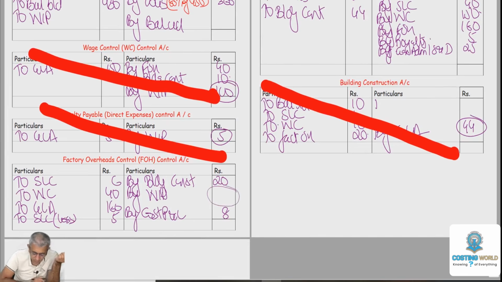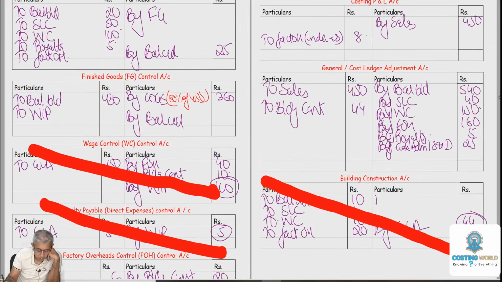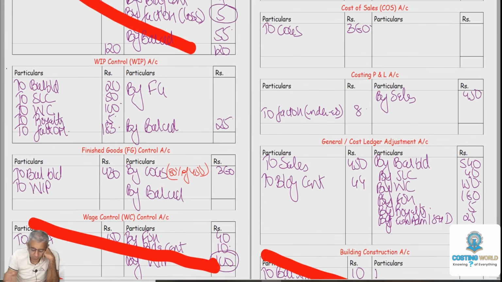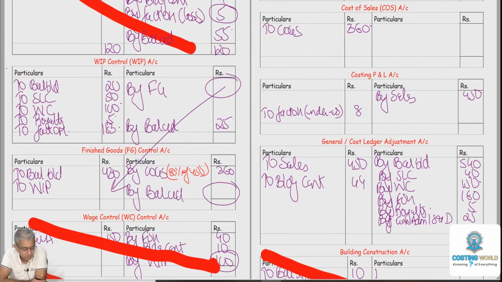So get that balancing figure. 183. Can we say now in WIP account everything that had to come has come? Yes. Get your finished goods as a balancing figure, transfer that over here, and get your closing stock of finished goods also as a balancing figure.